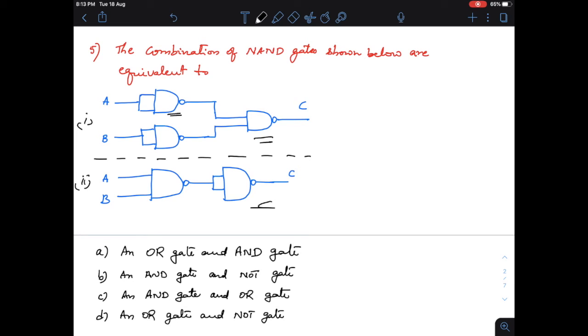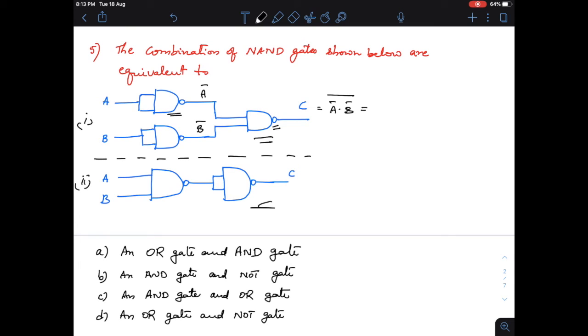So here the output will be A bar, and B bar for the other NOT gate, and then C is the output of this NAND gate. So C is equal to A bar dot B bar, whole bar.